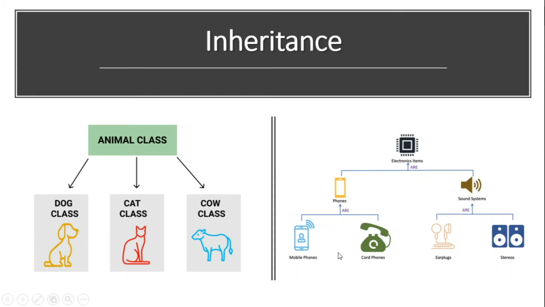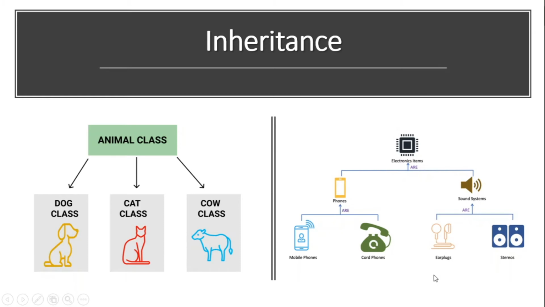Now, here's another example. We have an electronic item, which will be inherited by a phone and a speaker. Think about it as an integrated circuit. And then from the phone, I can have another 2 classes, a mobile phone and a cord phone. I don't know if any of you guys remember cord phones. Those 2 phones are going to be inheriting from a phone class.